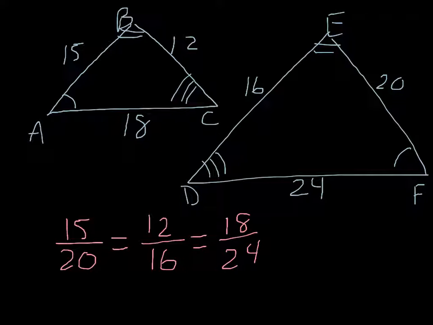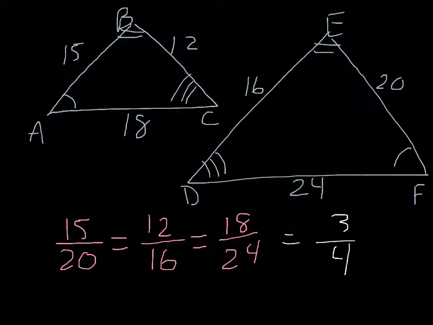You could reduce it and say 15 over 20 is, no, 3/4, sorry. 12/16 is 3/4, and 18/24 is 3/4. Since they're all equal to 3/4, our sides are proportional. So yes, these two triangles are similar.